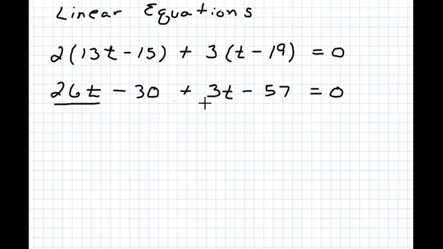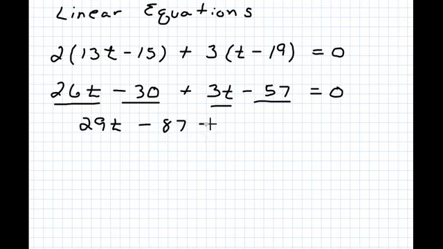So we have 26t and 3t, so those are our like terms, and that's going to give us 29t. And then we have this minus 30 here and minus 57, so we're going to end up getting a negative, and that should be 87 if all is correct.